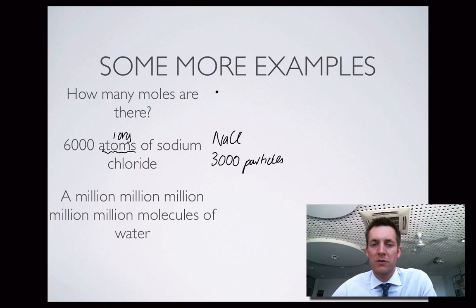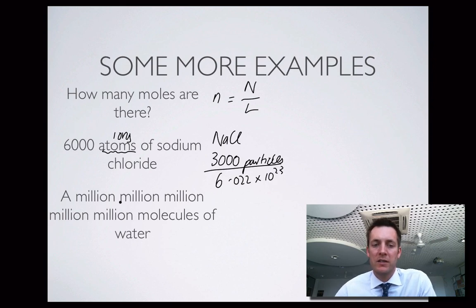If I'm asked to find how many moles there are, the number of moles is big N over L. So it'd be 3,000 over 6.022 times 10 to the 23. And again, that's something you can do on your calculator.